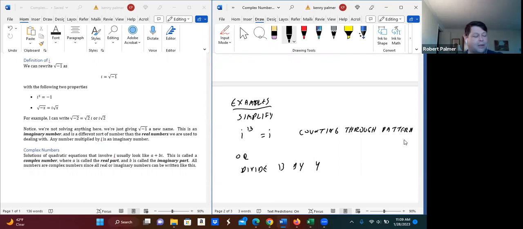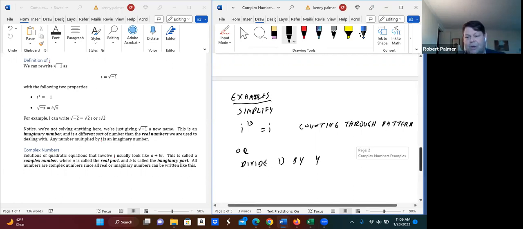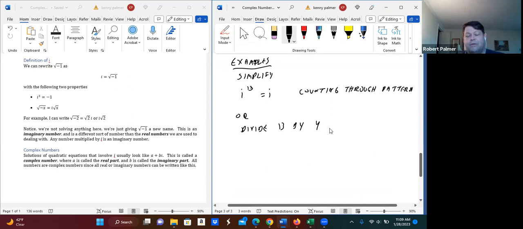If we divide it by 4, that's going to be 3.25. Almost think of it as long division.